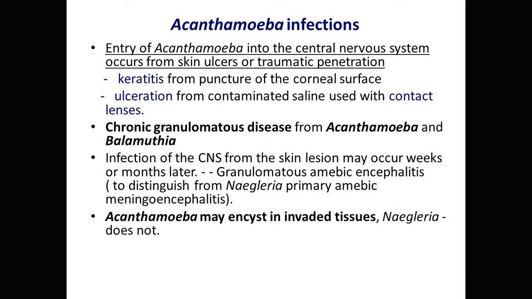Acanthamoeba enters the CNS through skin damage. So first the skin is damaged. There's a trauma on the skin, and the Acanthamoeba enters the skin and then moves to the CNS.